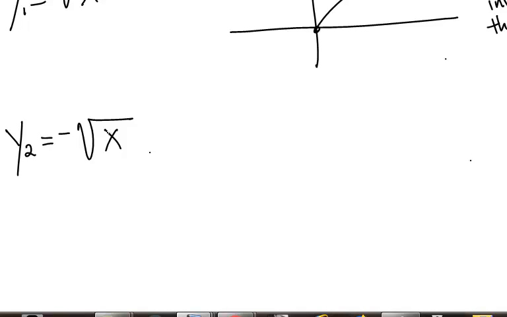Right now, if it's dark, it's going to graph it. So get the cursor on the equal sign and press enter, and then go down to y sub 2 and graph a negative square root of x. Okay, and then graph it. We may have to change our window again. Nope, we can see it. I could go down a little bit on my y min. Let's go y min negative 4.